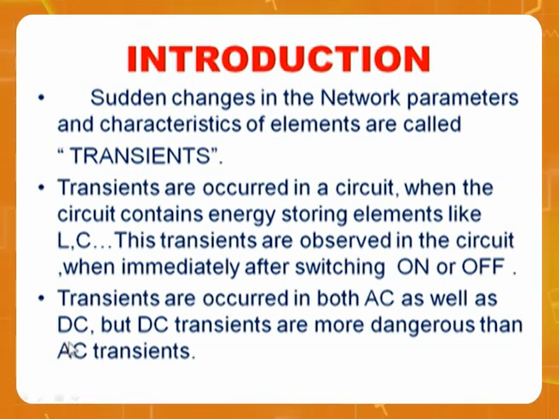I am not saying transient is only for DC, it is for AC as well, but DC transients are more dangerous than AC. For example, if you suddenly give DC to a capacitor, what happens? If the total voltage is pushed upon the capacitor, it can't charge in no time. That's why it is very dangerous.